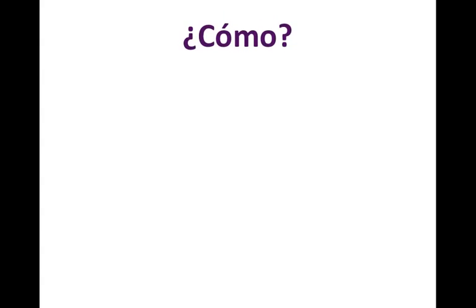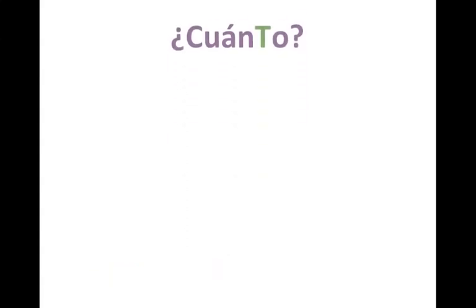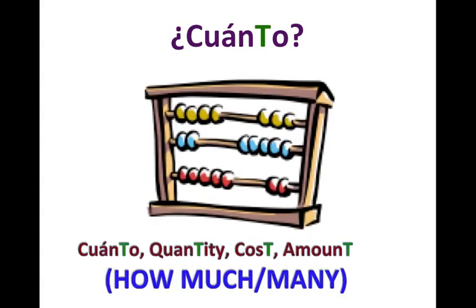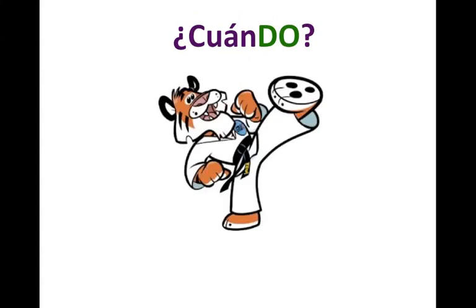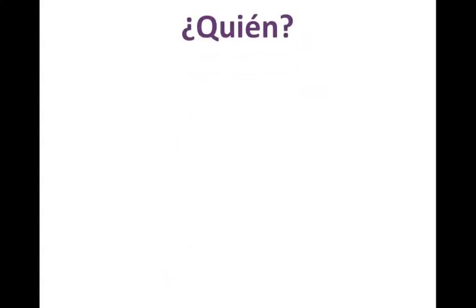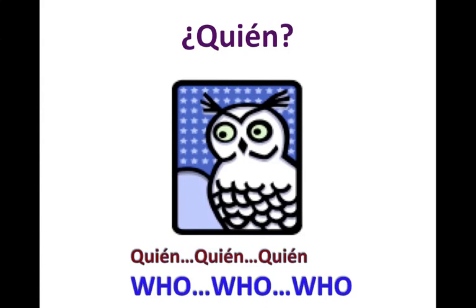Okay, repitan. ¿Cómo? How does the cow moo? Repitan. ¿Cuánto? Quantity. Cost. Amount. How much? How many? Repitan. ¿Cuándo? When do you do your taekwondo? Repitan. ¿Quién? Who?